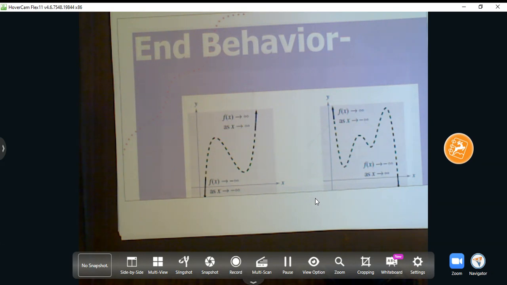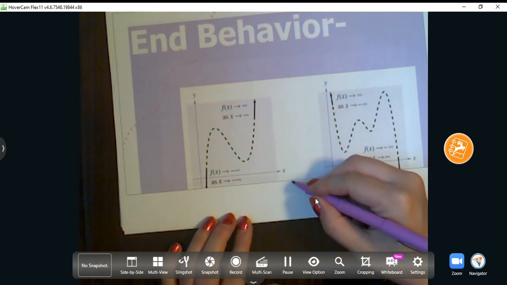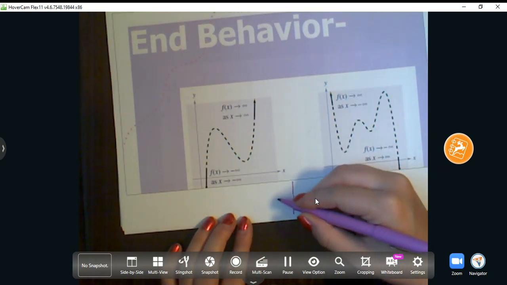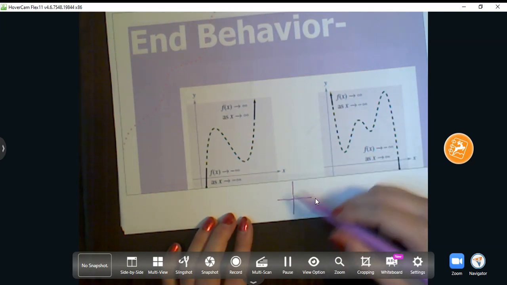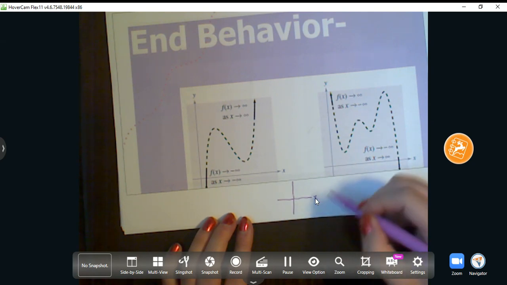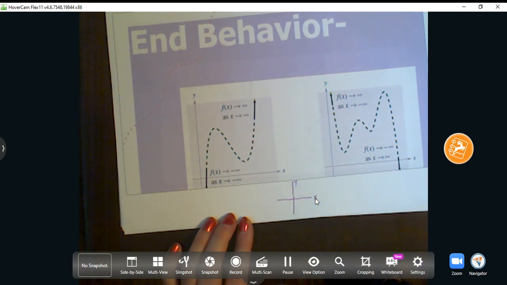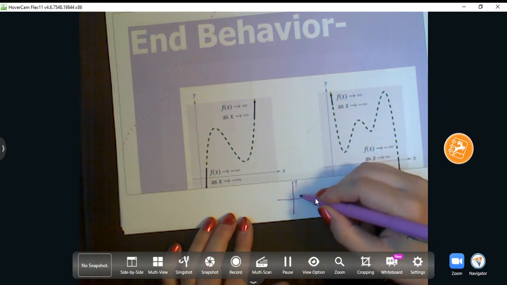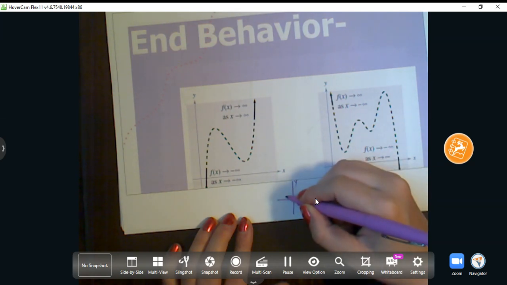Now, hopefully we've seen this type of notation in Algebra 2, but if we haven't, let's just do a quick little review. So remember that we have basically four different directions that we're talking about. We're talking about directions on our x-axis and also directions on our y-axis, or f of x. So as we go to the right, notice that our x is going to be going towards positive infinity.